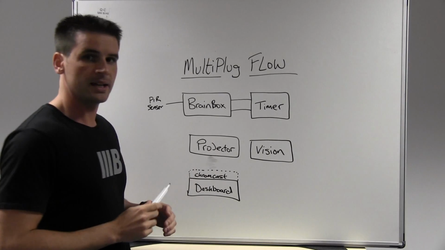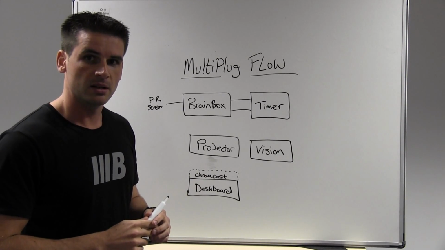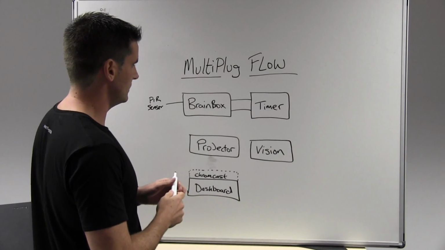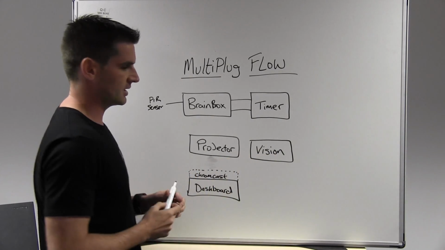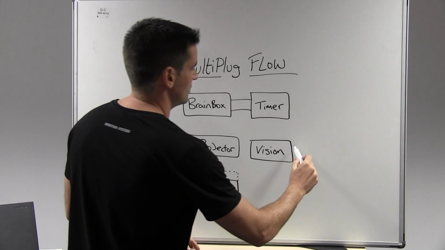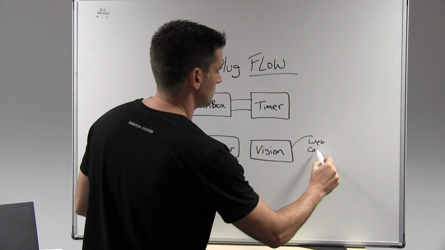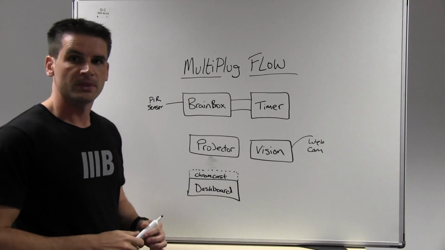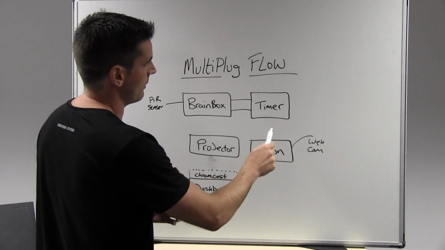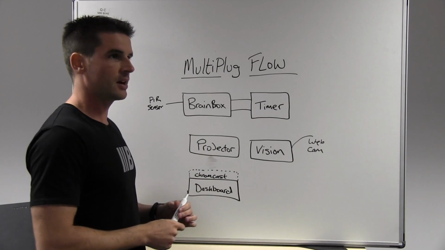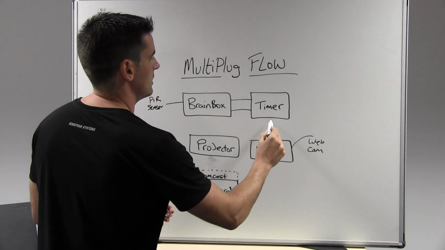So when it goes high, the timer starts. When it goes low, the timer stops. Why do we need a timer? We've got a Vision extension. Vision attaches to a webcam. And when the timer matures, it's going to take a picture, take a frame of that webcam.